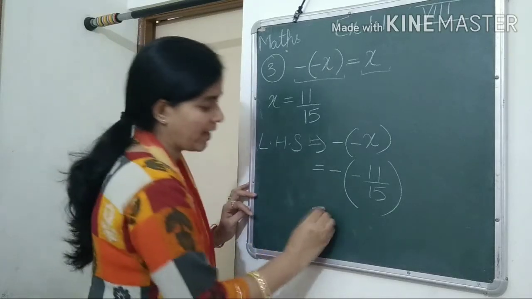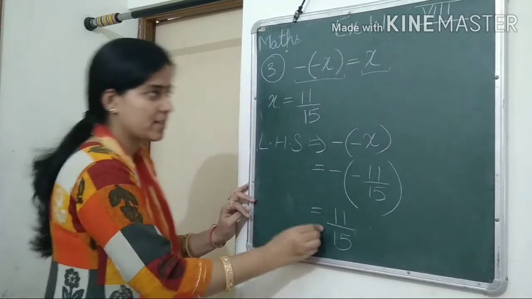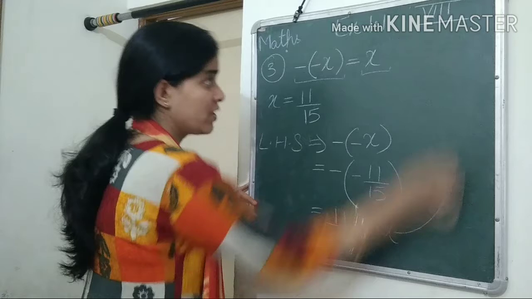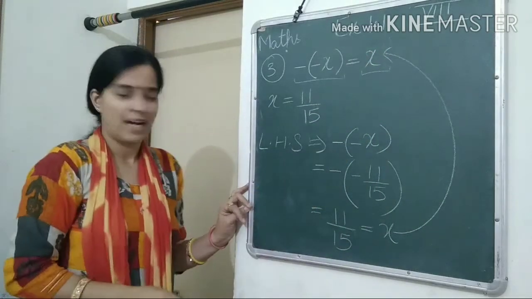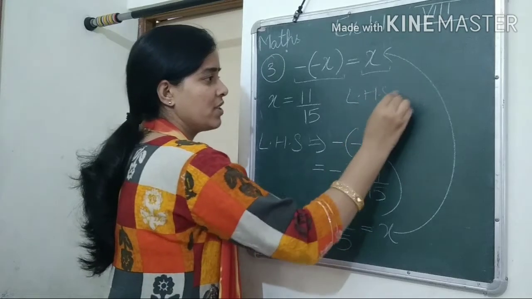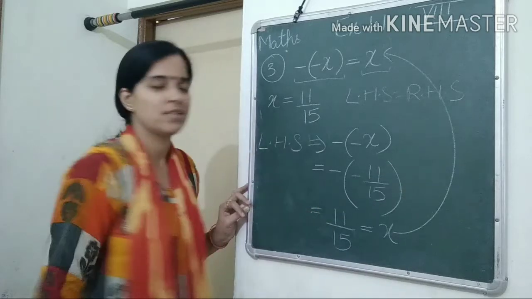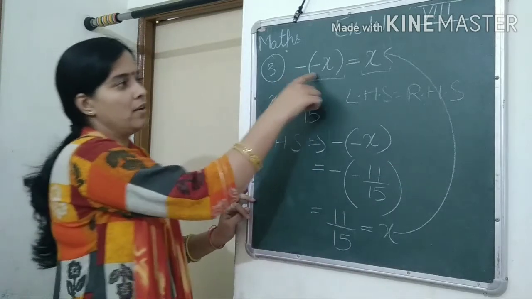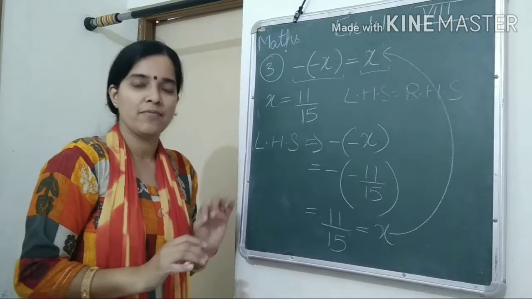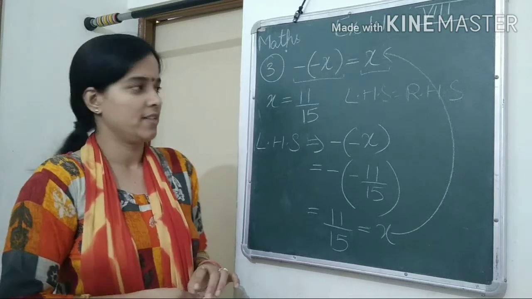Now just open up the bracket, it will give you 11 upon 15. And this 11 upon 15 is equal to the value of x, which is our RHS. That means LHS is equal to RHS. So it is verified that minus of minus x is equal to x. Same way you can do the second part using left hand side and right hand side.